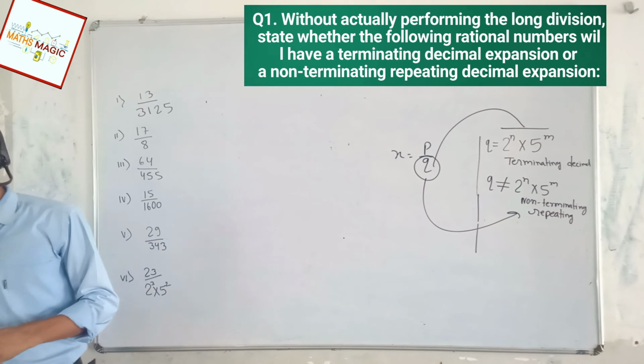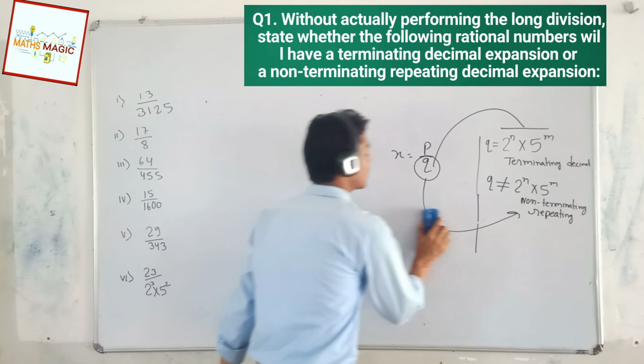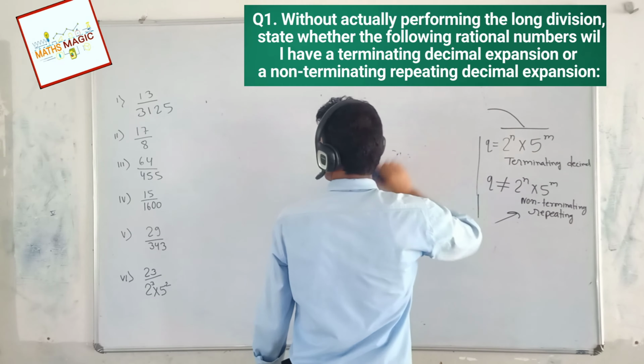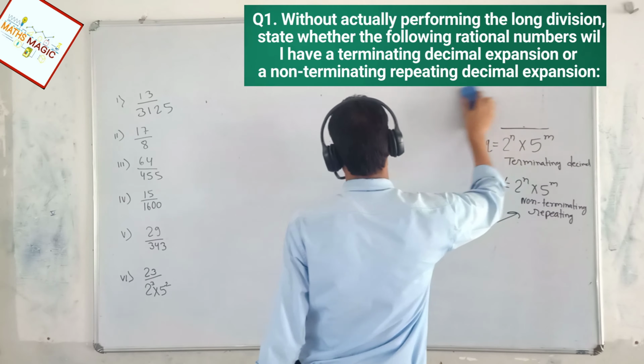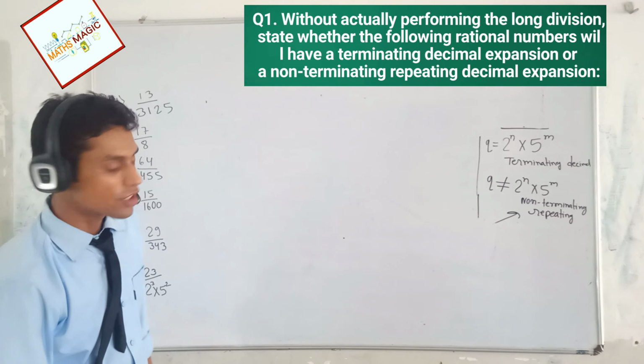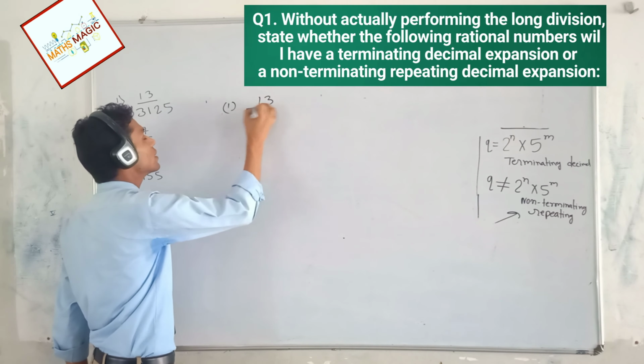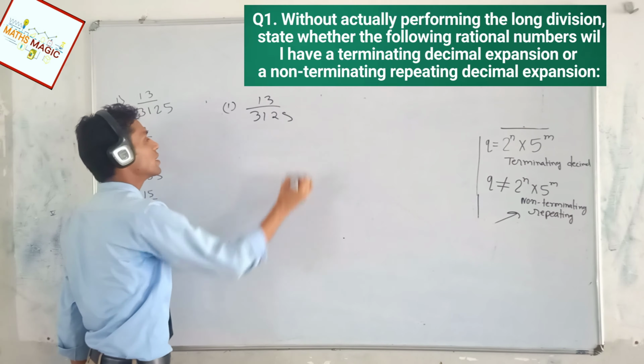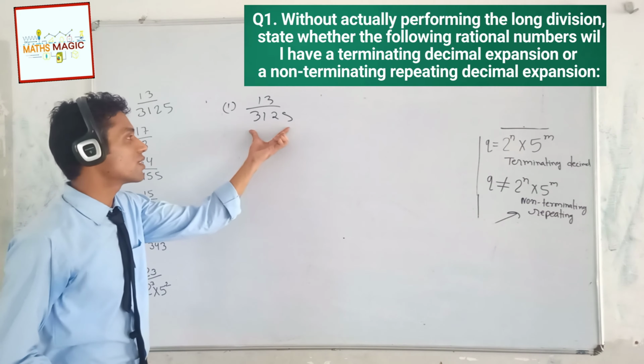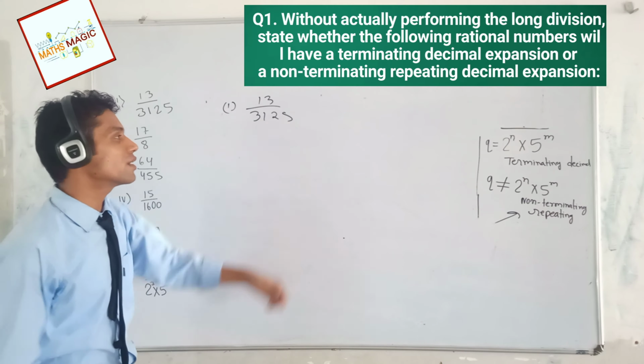Question number 1 is 13 by 3125. Now let's find the factors of 3125.